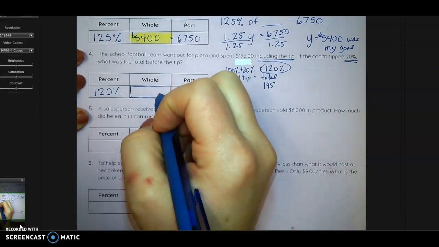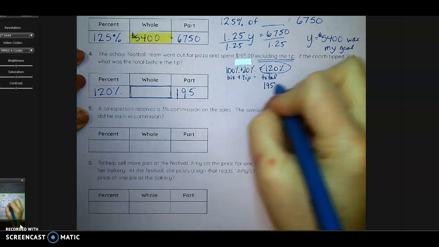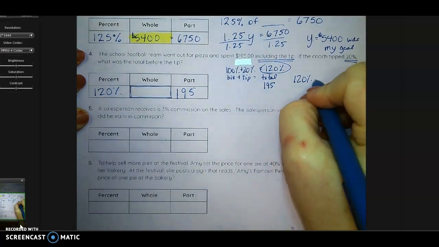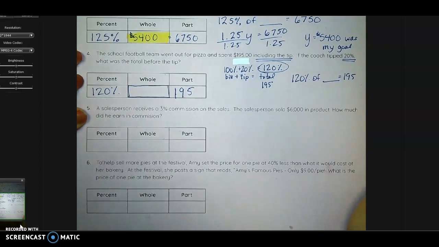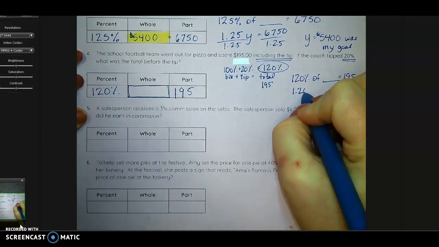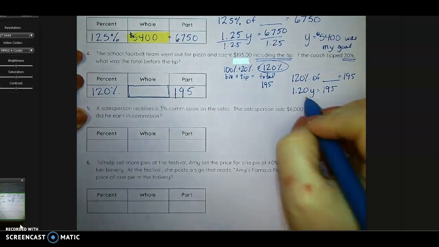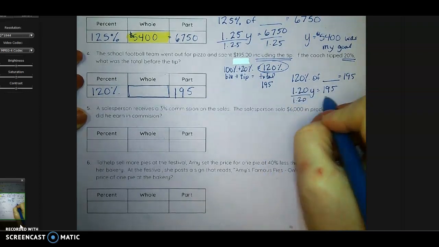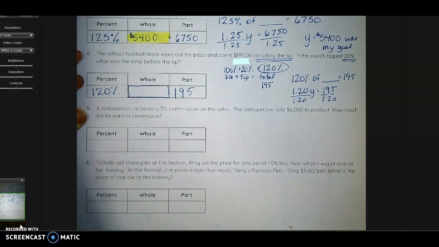My bill should be less than my bill and my tip added together. So 120% of something equaled $195. I turned it into a decimal, and I divided both sides by 1.20, or 1 and 20 hundredths.